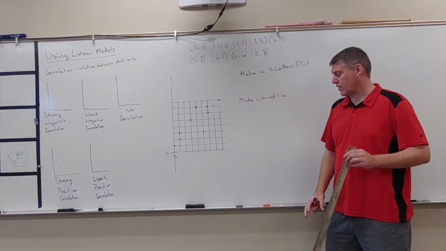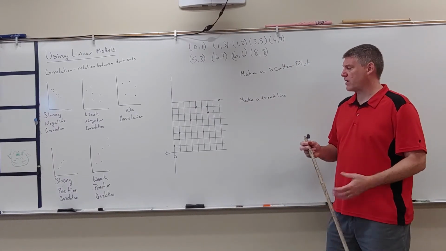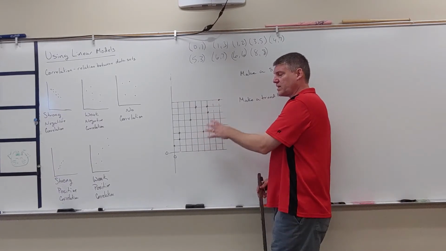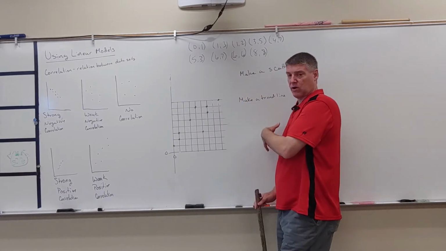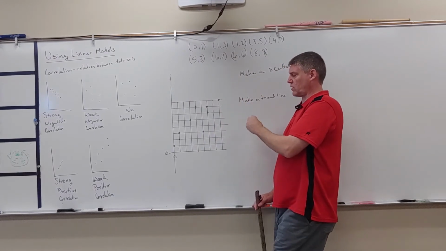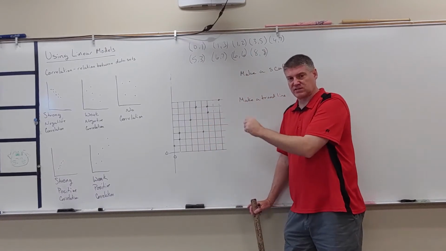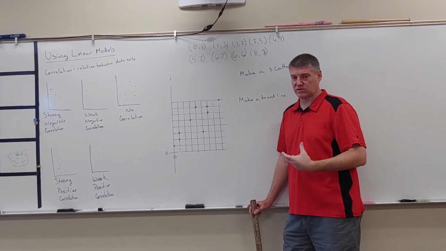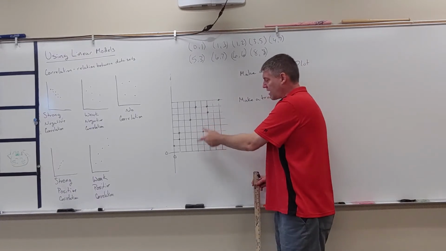Now, when we make a trend line, what we want to do is take a ruler or a straight edge to our scatter plot, and what we're trying to do is get half the data above that line and half the data below it. And we're trying to get it to where, if I were to add up all the distances from the points to the line, they're the same or very close to the same. This one does throw it off here.